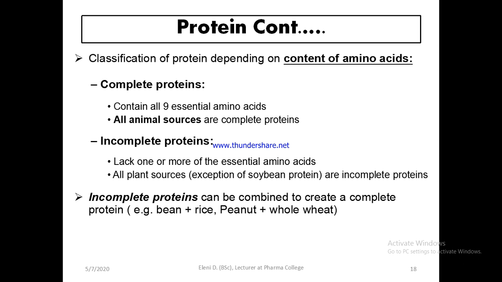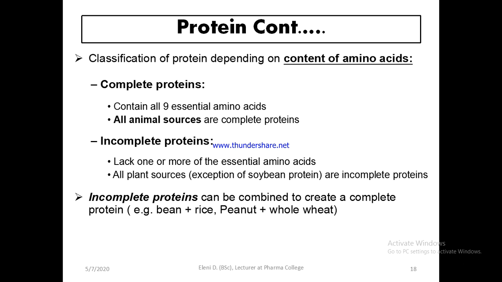The other classification is based on the content of amino acids: complete proteins and incomplete proteins. Complete proteins contain all the 9 essential amino acids. Usually proteins from animal sources are complete proteins, whereas incomplete proteins lack one or more of the essential amino acids.